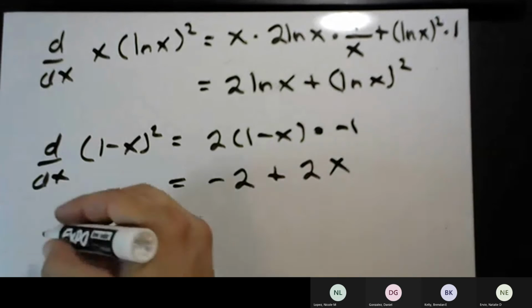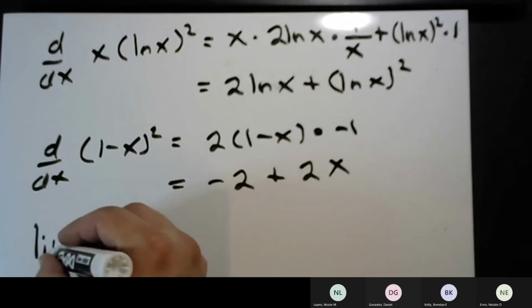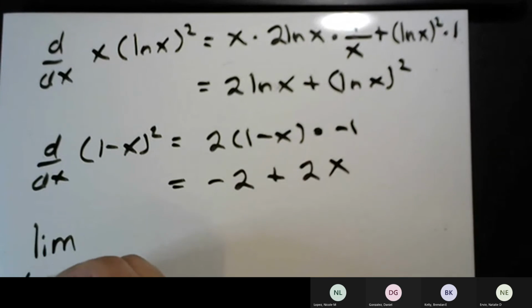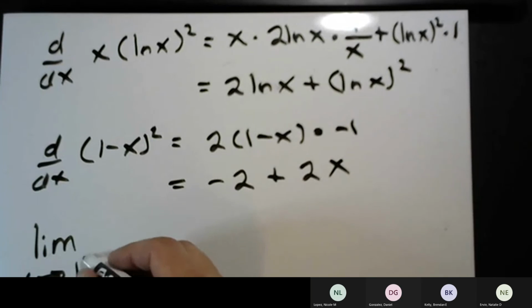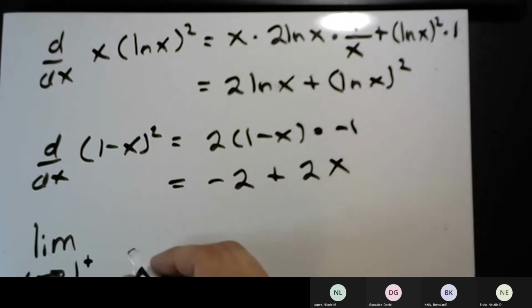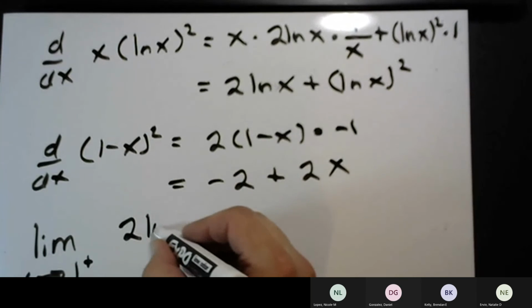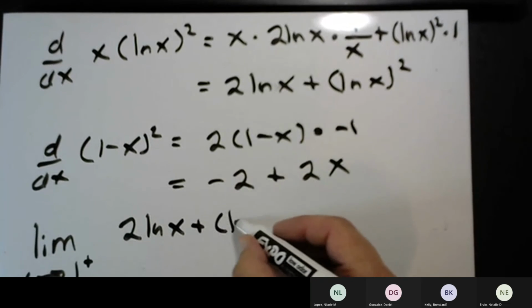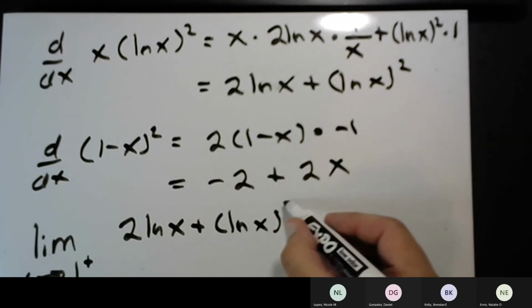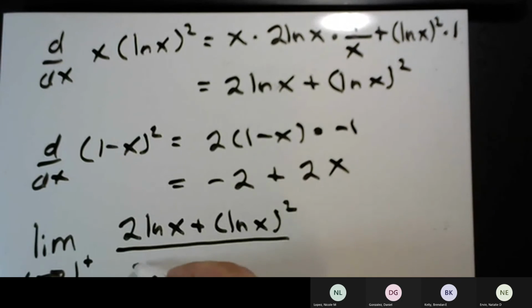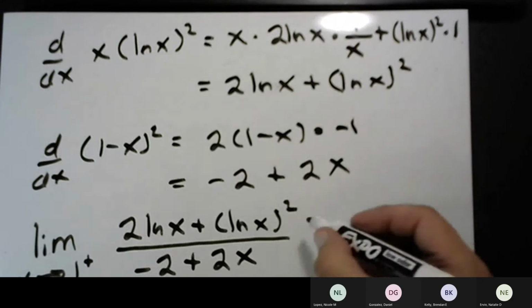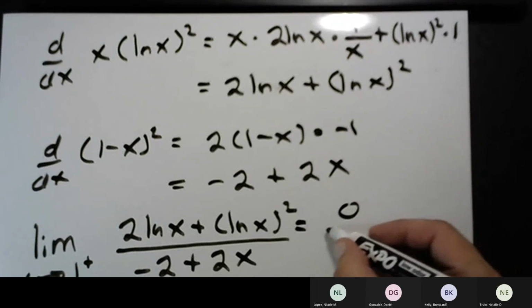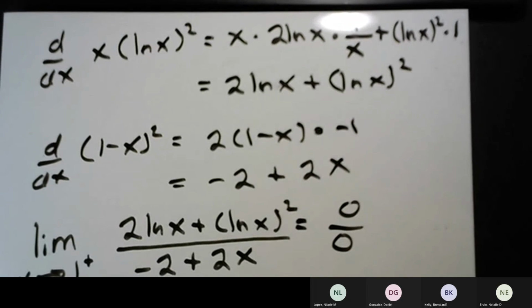So now, this is quite a problem. The limit as x goes to 1 plus of 2 ln x plus ln x squared over negative 2 plus 2x. Oh no, we're going to get the same thing. We're going to get a 0 over 0.